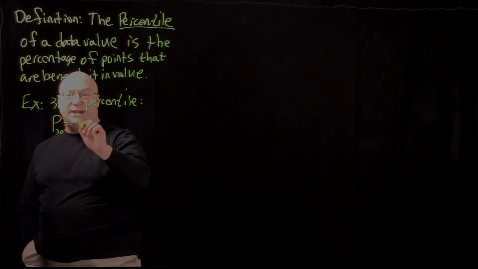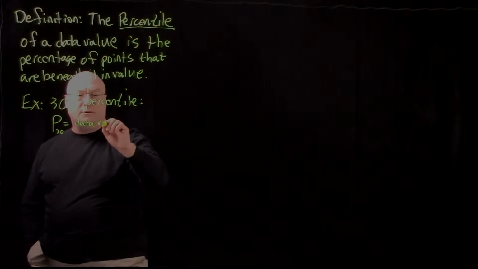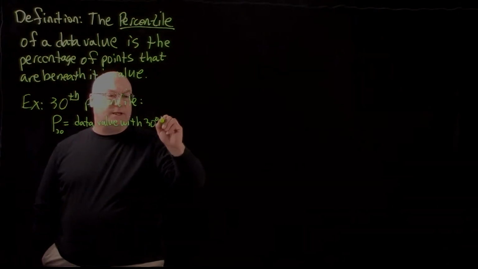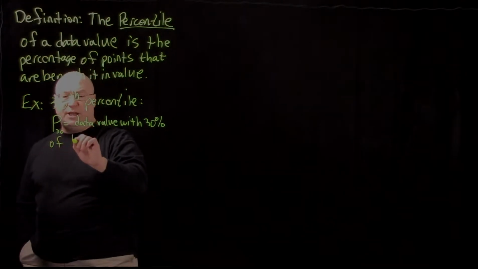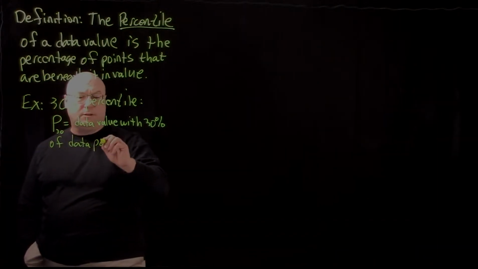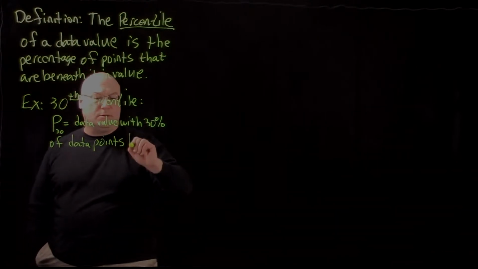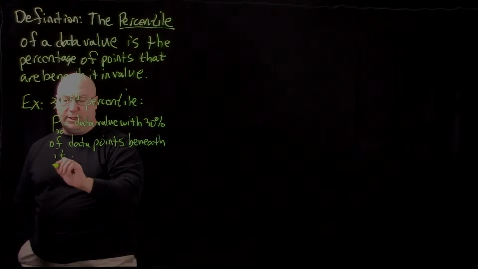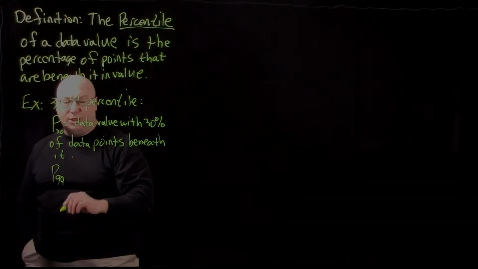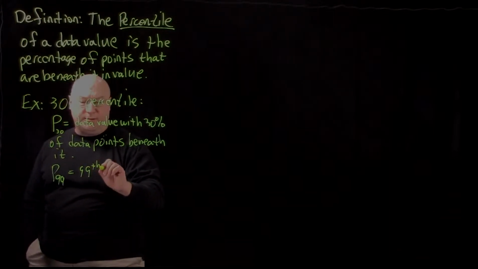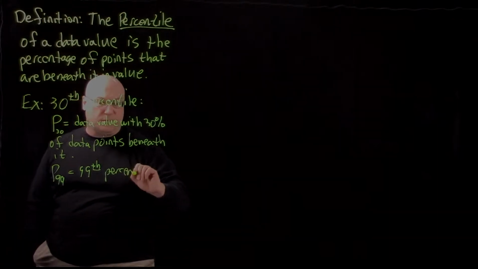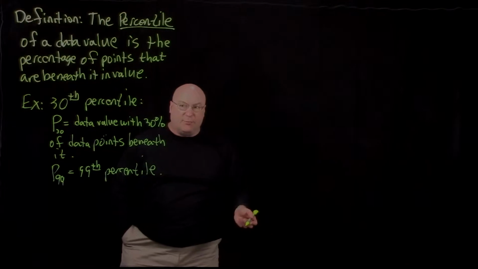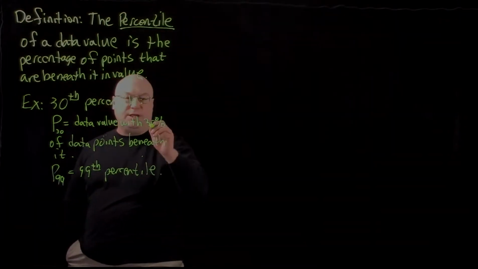That is the data value with 30% of data points beneath it in value. Okay, so P99 would be the 99th percentile, and that's the data value with 99% of the data points beneath it.